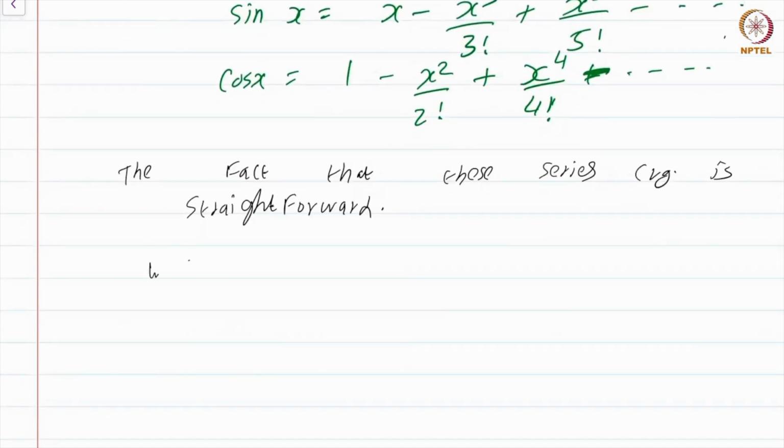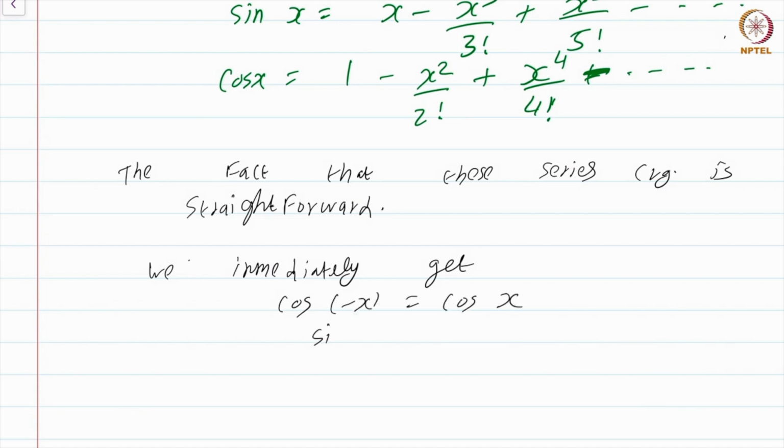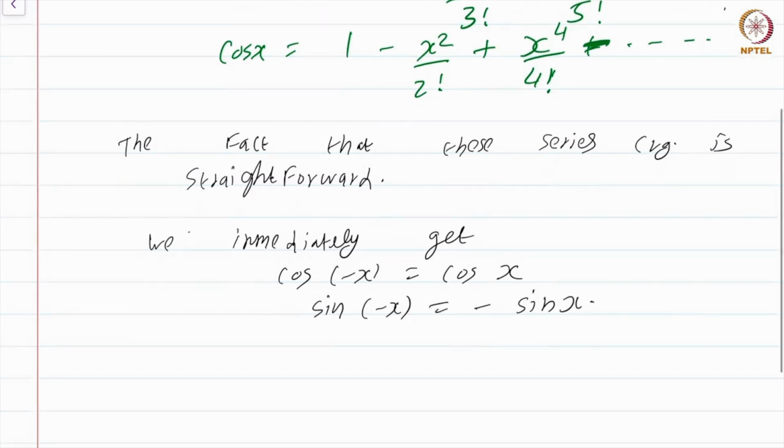So we immediately get some basic properties for free just from this series expansion. We immediately get cos of minus x is equal to cos x and sine of minus x is equal to minus sine x. These two we get for free just by looking at the series. We also get that d by dx of sine x is cos x and d by dx of cos x is minus sine x.